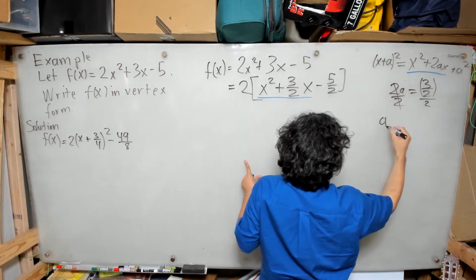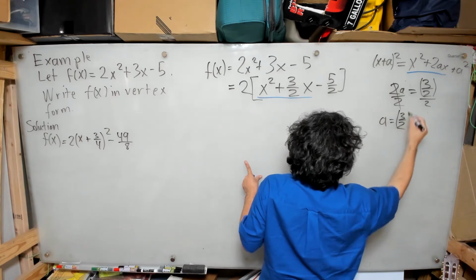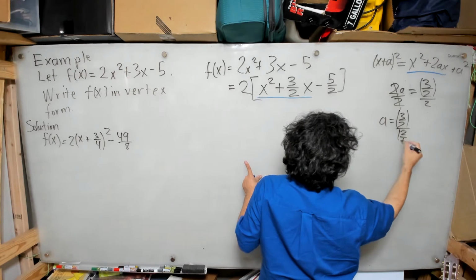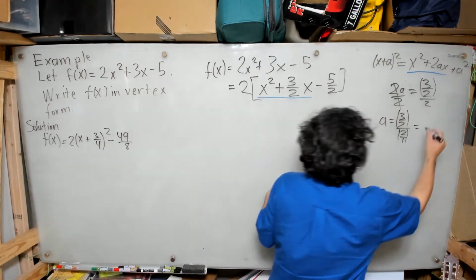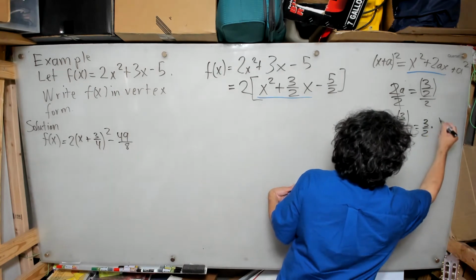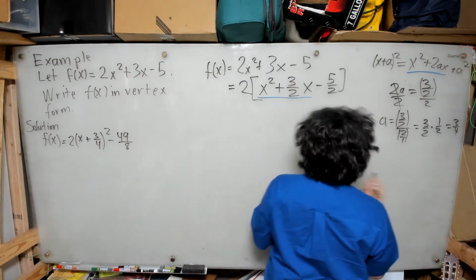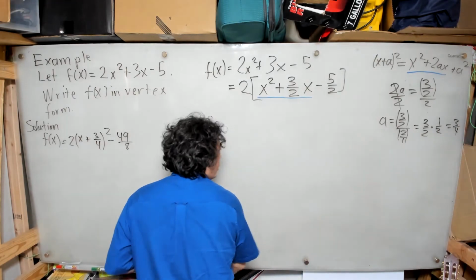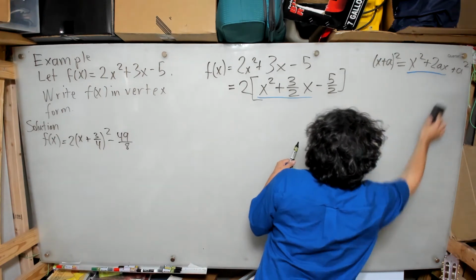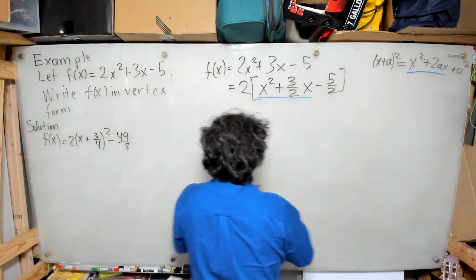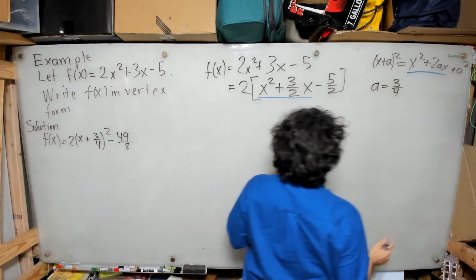This becomes a equals 3/2 divided by 2/1, which becomes, whenever we divide by a fraction, we multiply by the reciprocal. So this becomes 3/2 times 1/2, which becomes 3/4. So let me summarize that: a equals 3/4.